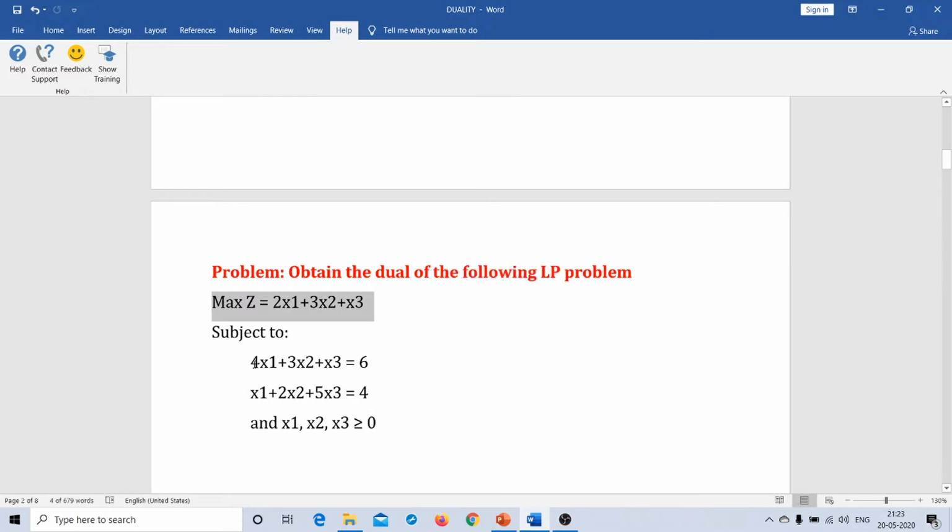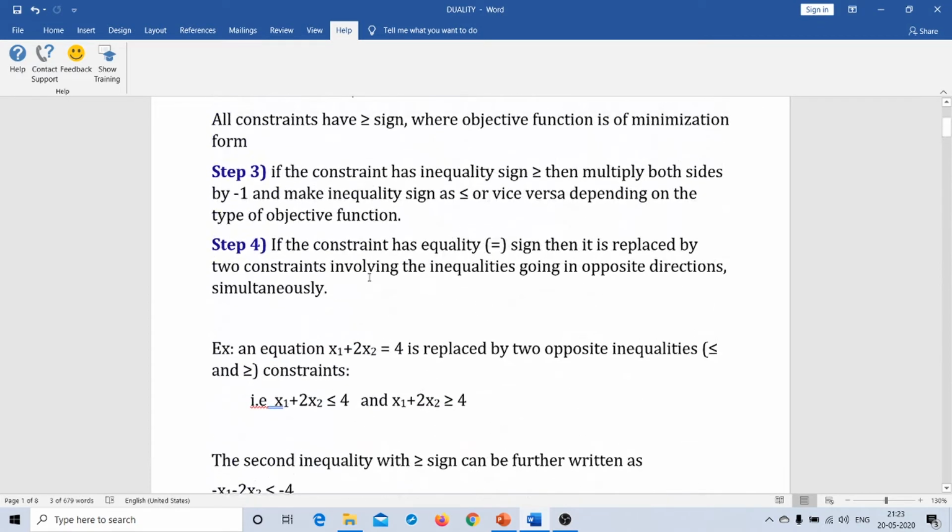When reduced to 2 inequality constraints, the first belongs to the less than or equal to category and the second belongs to the greater or equal to category. That is what it says, involving the inequalities going in opposite directions: one less than or equal to and the other greater than or equal to.